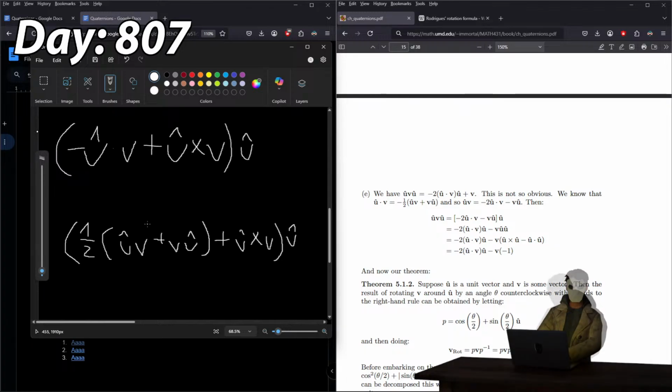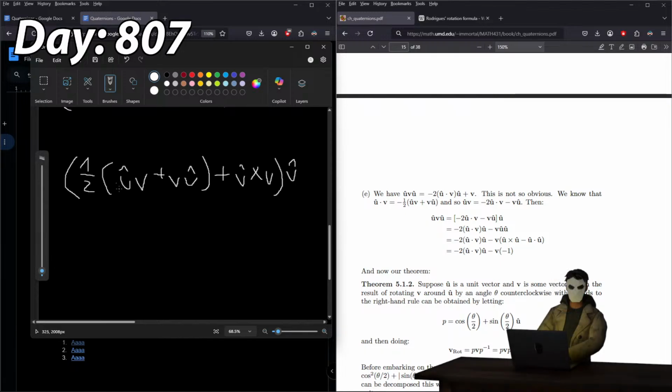It's a quaternion, it's a unit quaternion. I can figure this out. V is a vector. One half uv plus vu. How the heck do you get this?